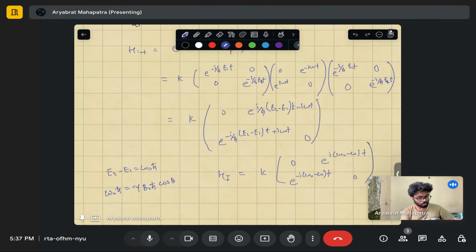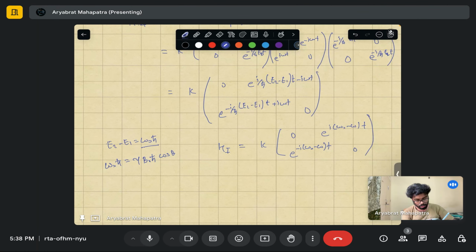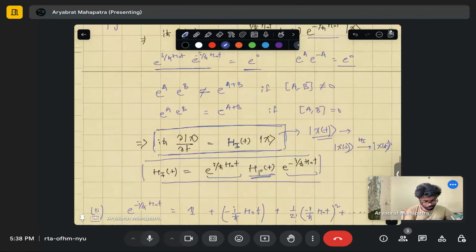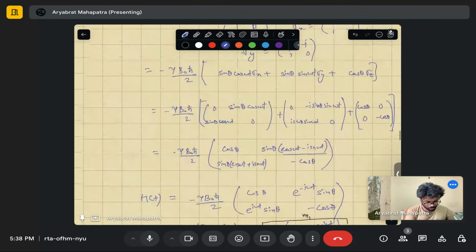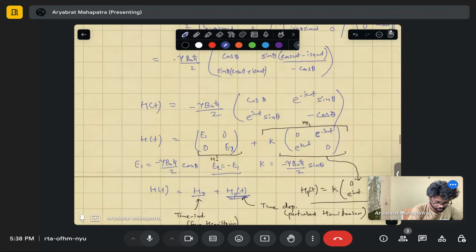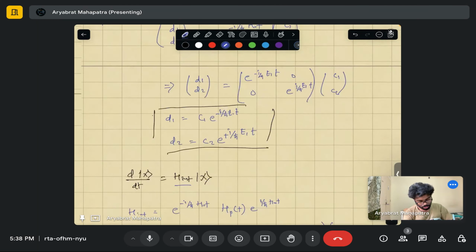Then you multiply, and I'm calling E2 minus E1 to be omega naught ħ. As I showed you earlier, E1 is minus gamma B0 ħ by 2 cos theta.